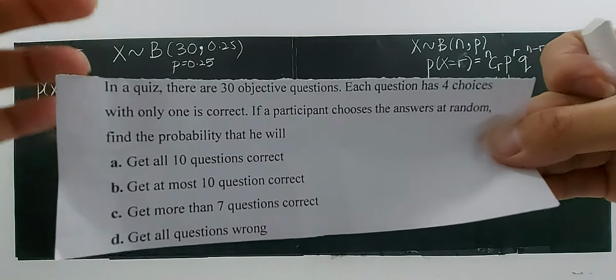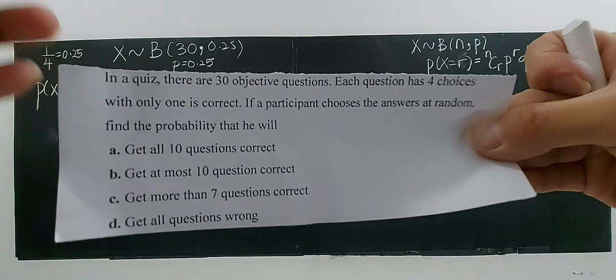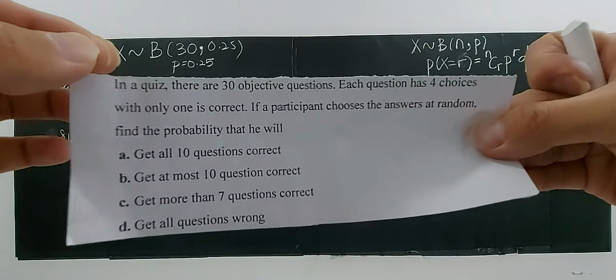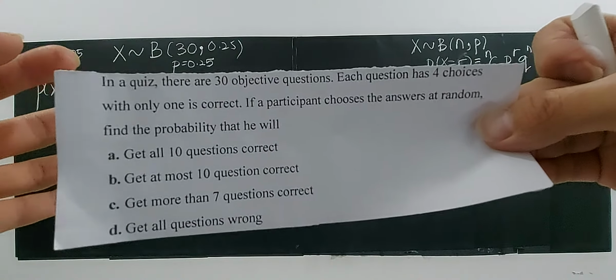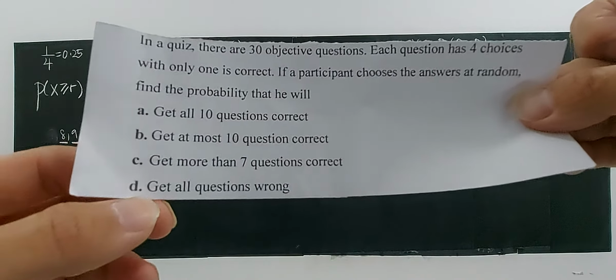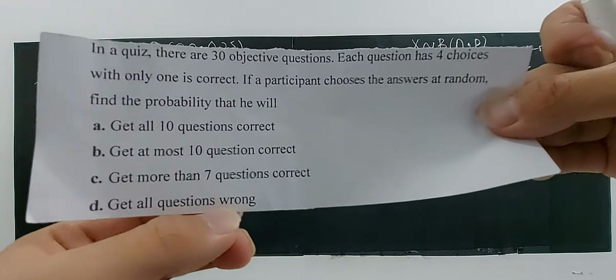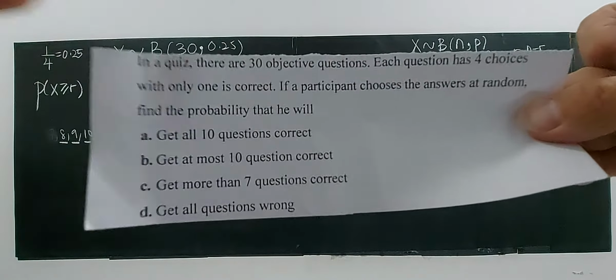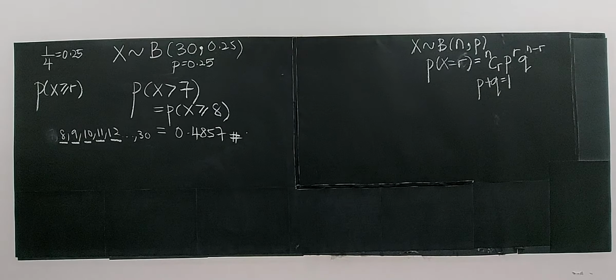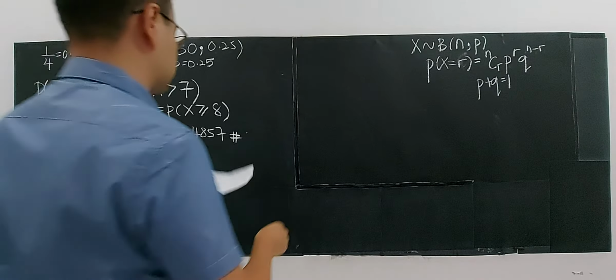Maybe she is an accounting student, but she goes for a physics test, so she simply guesses. Getting all the questions wrong is very unlucky, because out of 30 tries, none of the guesses is correct. So we want to count how unlucky this person is.